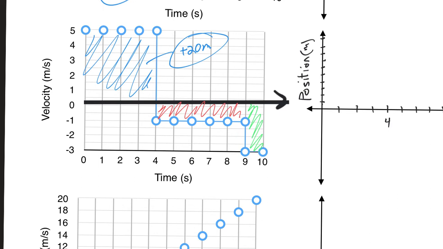Negative 1 times 5 tells me negative 5 meters here. Everybody okay with that? And then it looks like negative 3 times 1, negative 3 meters here. How's that? Any questions about where I got any of those? So I went forwards 20 meters, backwards 5 meters, and then backwards 3 meters. So it looks like I started at 0, and I'm ending at 12 meters. All right, so let's see what that looks like over here.